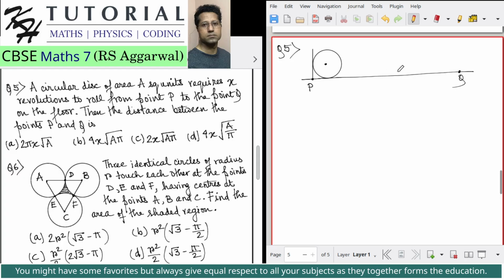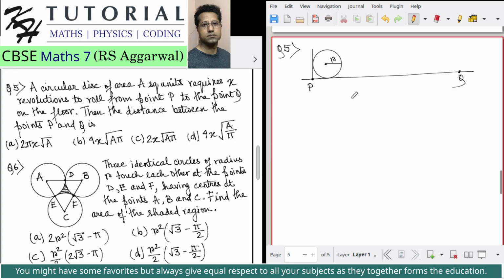So in X revolutions, the distance covered by the disc is PQ. We have to find the distance PQ where the area of the disc is given to be A. First of all, let the radius of the disc be R.